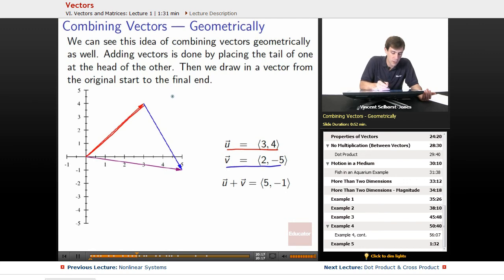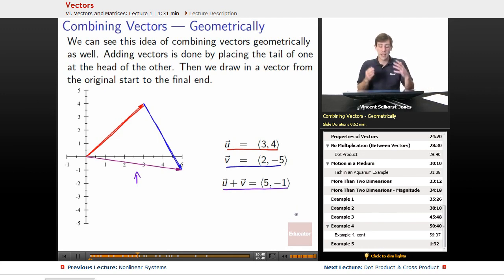That goes out to 3, 4, and then this one goes over 2 and down 5. So 2, -5: 2 to the right, down by 5. We put those together and we get 5, -1, which is exactly what we see here in the purple vector that is the combination of them. So u plus v is the purple vector that we see there.